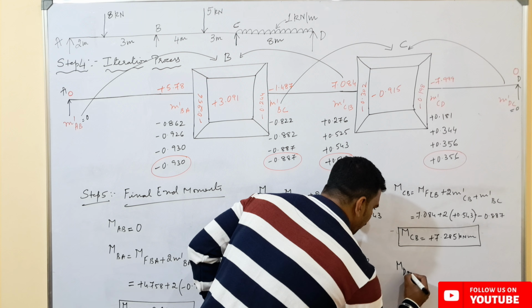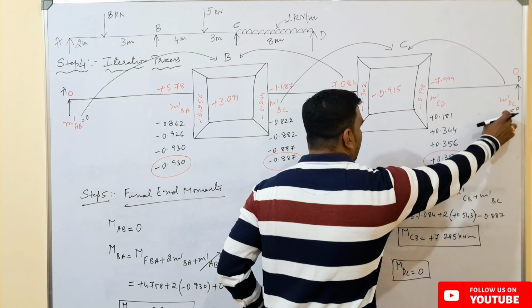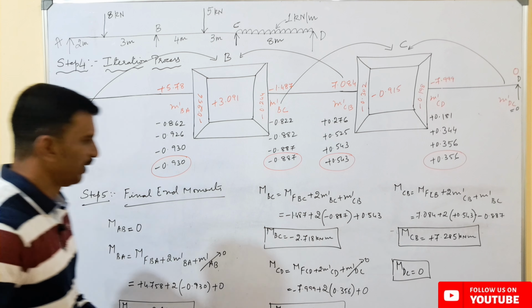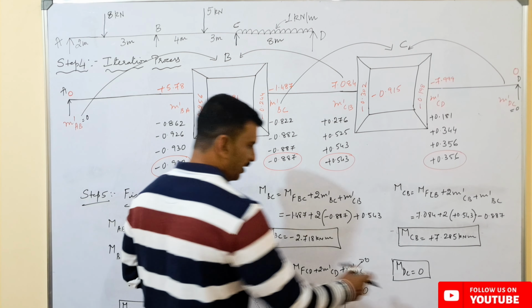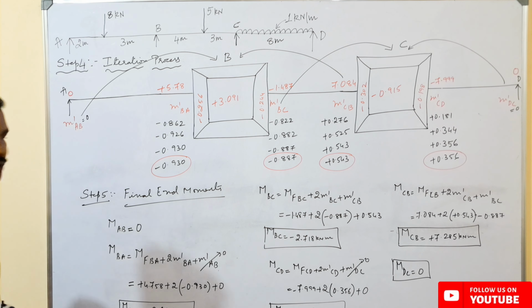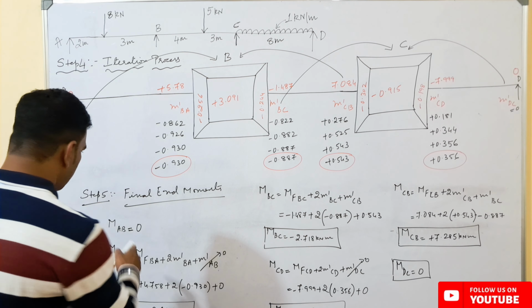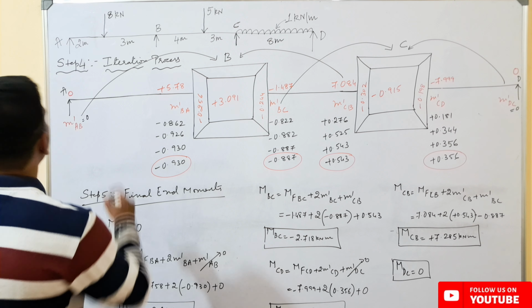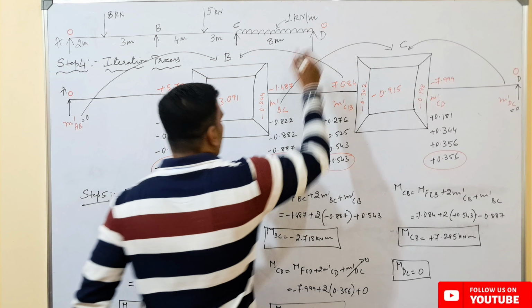So lastly, from D to C it is 0 because it is an end support, and the end support here is simple in nature. In the modification of fixed end moment, in the second step only we have calculated the final end moment for point D to C. So using these values now we can plot here in this beam, that is at point A it is 0 over here, from A to B it is 0, from D to C it is 0 over here.